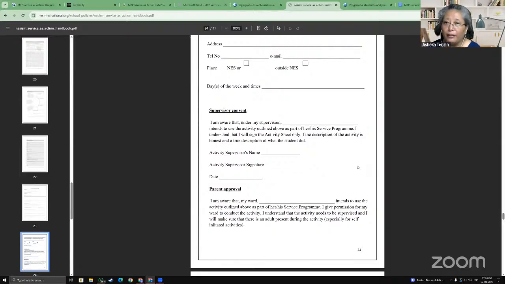Similarly, then about student initiated activities. Now, if you ask every student to do an activity, then it would be too much. A supervisor will have so many different activities, they will go crazy. So what I suggested to my students and my homeroom teachers is that as homeroom, students should decide what activity they would want to do.